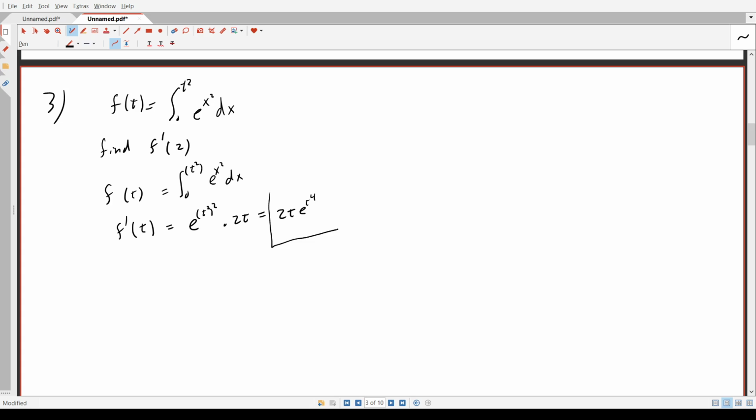And that's my answer. No, that's not my answer because I want to evaluate it at 2. F prime of 2, that's going to be 2 times 2 e to the 2 to the 4. So that's 4 e to, let's see, 2 to the 4, so that's 2, 4, 8, 16. E to the 16. That's my answer.